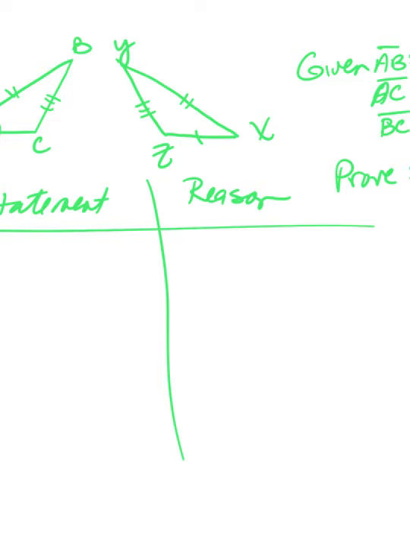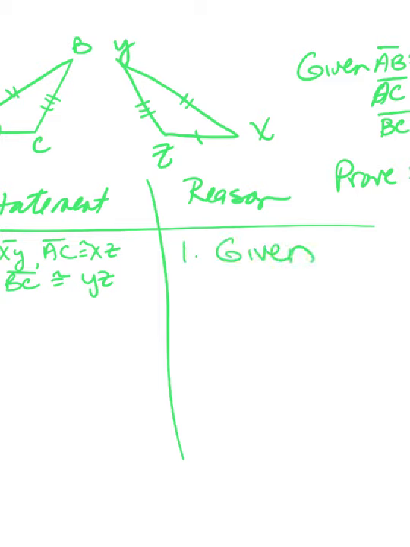So I'm given that AB is congruent to XY, and I would just write them all in one line. AC is congruent to XZ, and BC is congruent to YZ. And the reason for that is given. Got it? So when I mark my picture, do I have one of the 4: SSS, SAS, AAS?